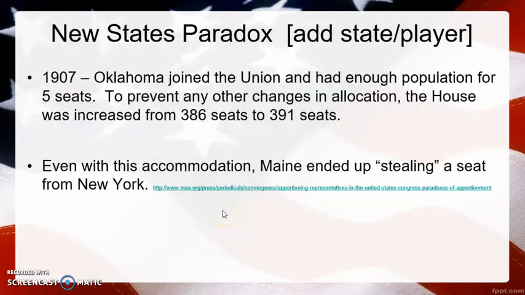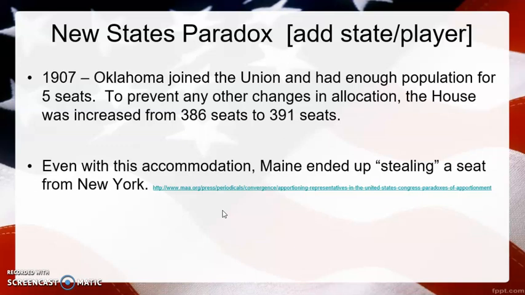The second paradox that we'll work with is the new states paradox. In 1907, Oklahoma joined the Union and had enough population for 5 seats. To prevent any other changes in the allocation, the House was increased from 386 seats to 391 seats. In other words, they added a new state, Oklahoma, but they also added the seats that were needed for that new state.